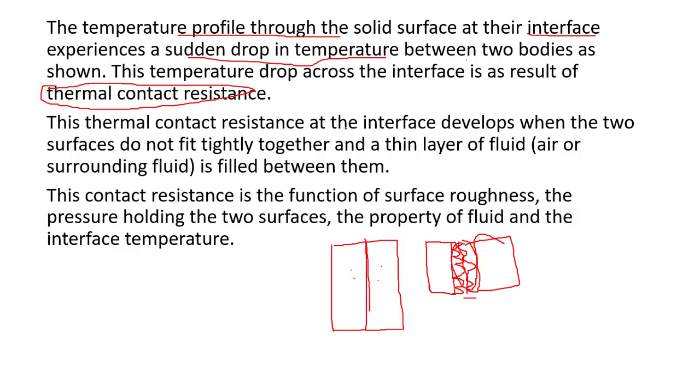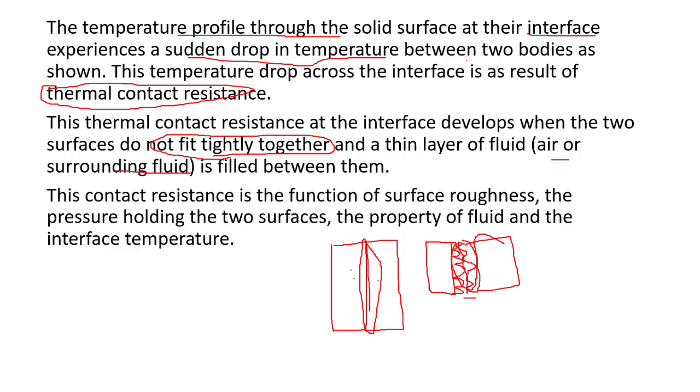This thermal contact resistance at the interface develops when the two surfaces do not fit tightly together. As we discussed in this example, a thin layer of fluid, air or surrounding fluid, may be present, maybe water or another chemical, or in most cases air.